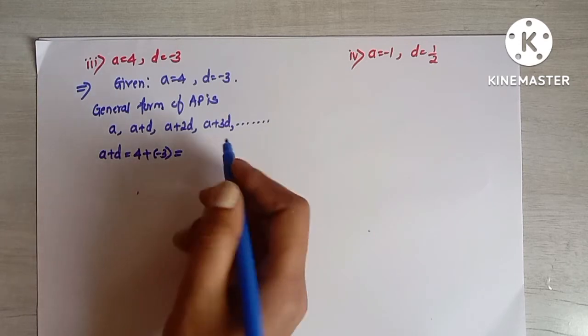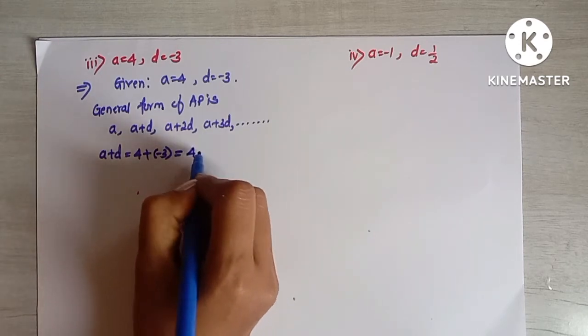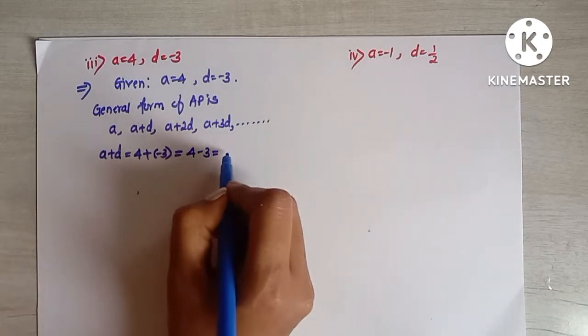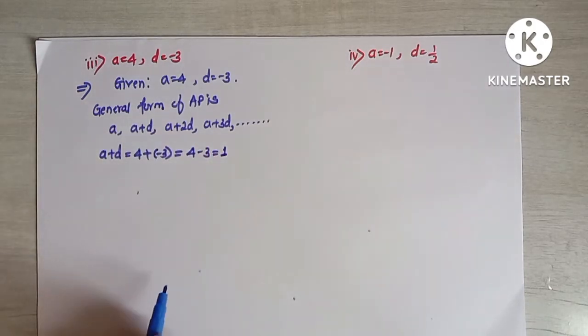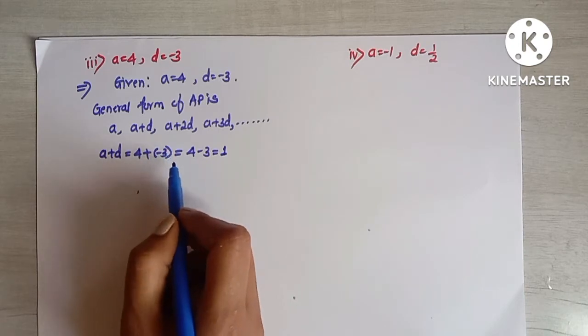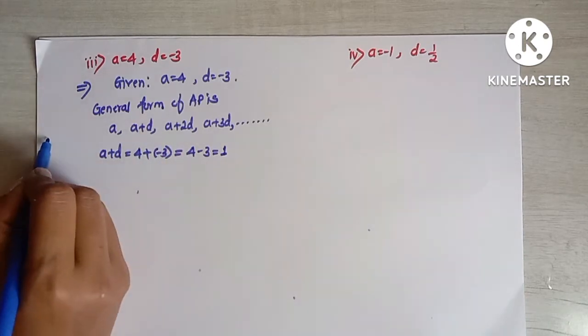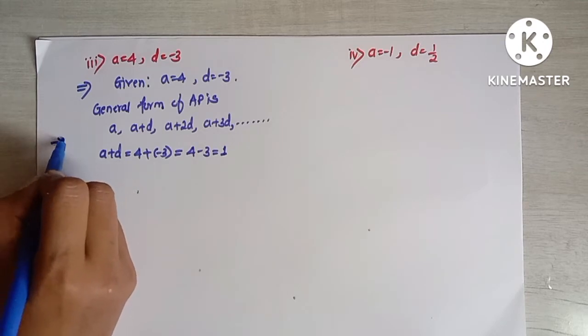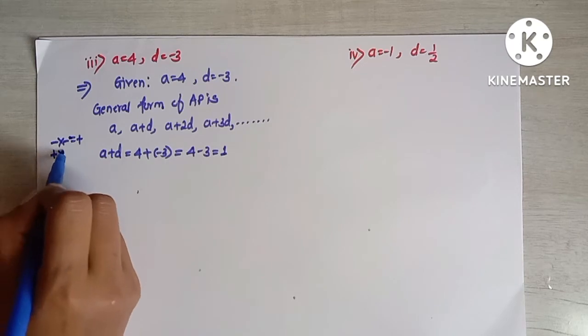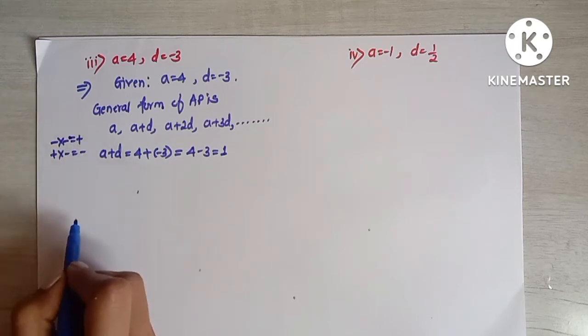It is minus. Therefore it is 4 minus 3. So therefore 4 minus 3 is 1. So why it is minus? Because there are rules, that is minus into minus will be plus, plus into minus will be minus.